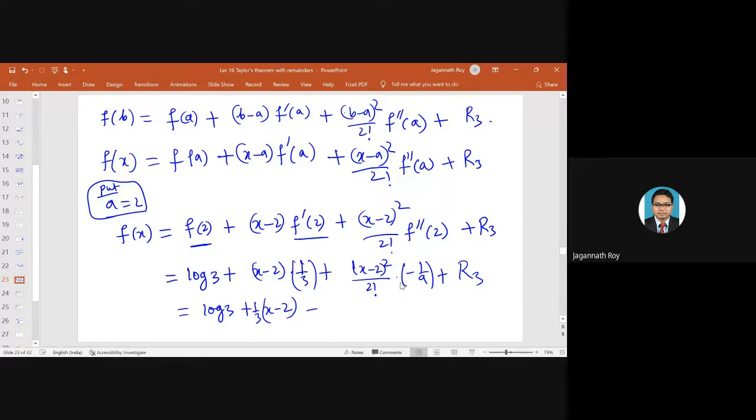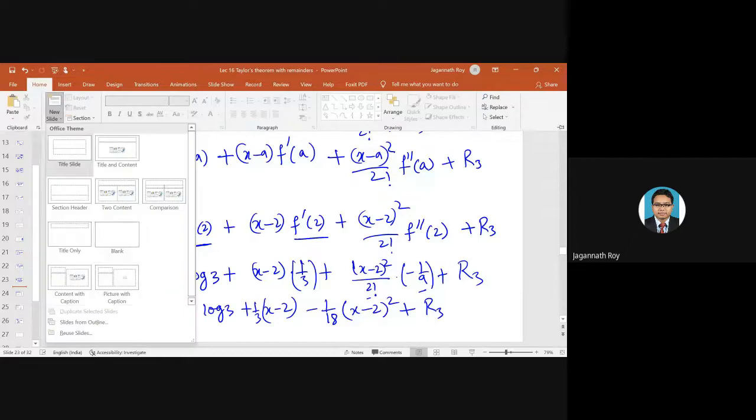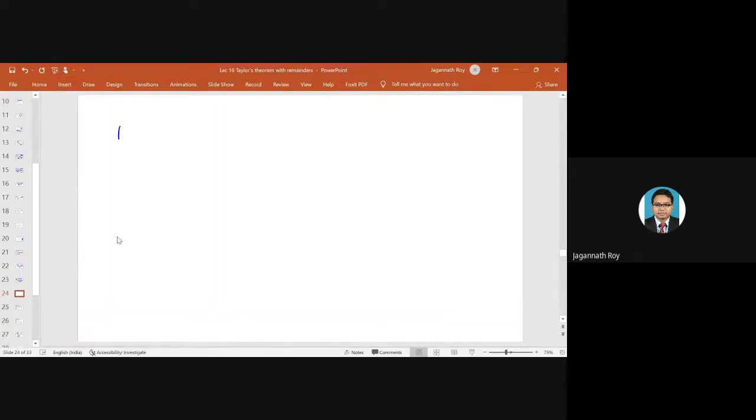And then, so this is 2 times 9. So minus 18 by times x minus 2 whole square plus R3. Okay, so let us just try to find out what is R3.